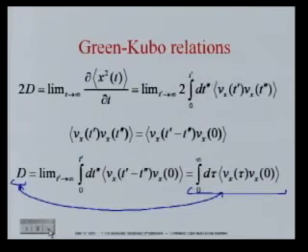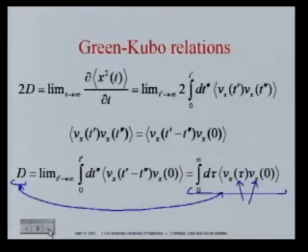What this is looking at is, suppose that you have a velocity at a certain instant, and then you look at an instant that is tau away in time from your instant 0, and you look at the product of these 2 velocities.